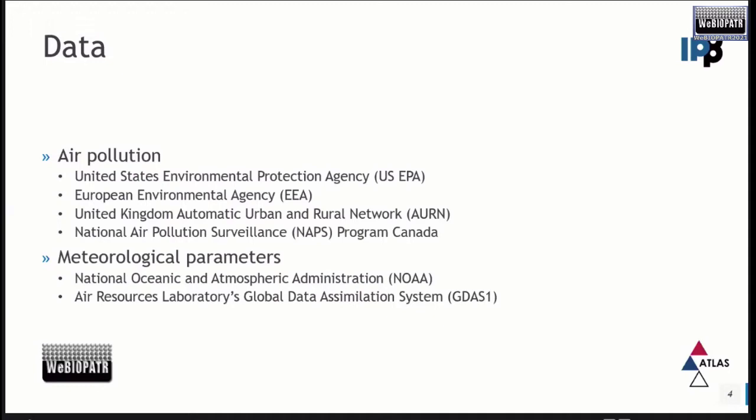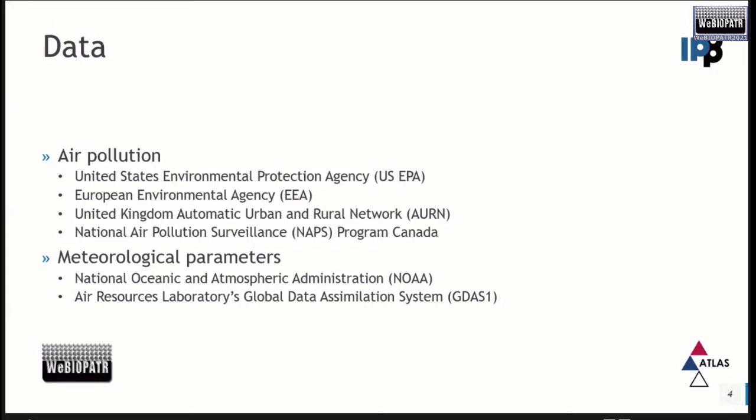The air pollution data are available at several large environmental agencies, and most of the air quality data is held by the United States Environmental Protection Agency, the European Environment Agency, the United Kingdom Automatic Urban and Rural Network, and the National Air Pollution Surveillance Program in Canada.